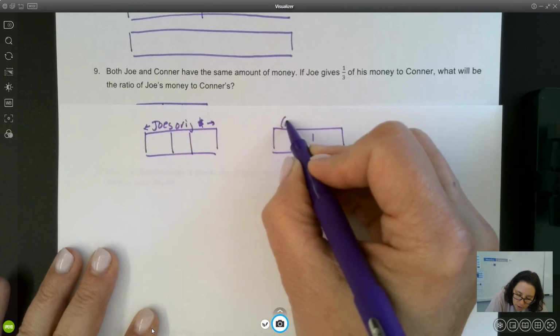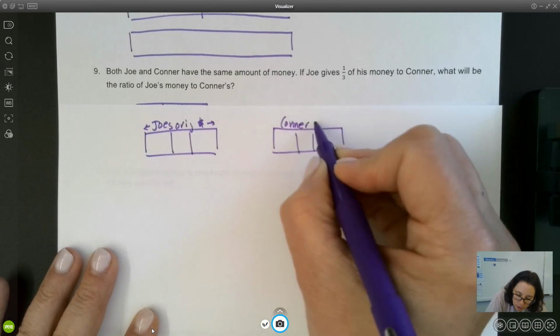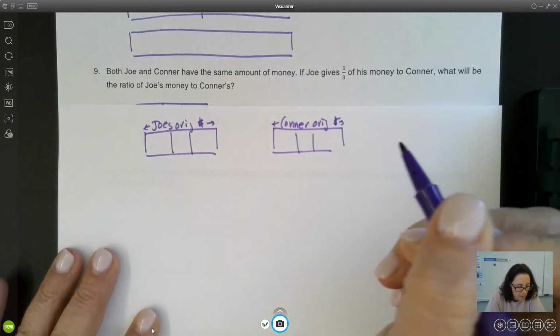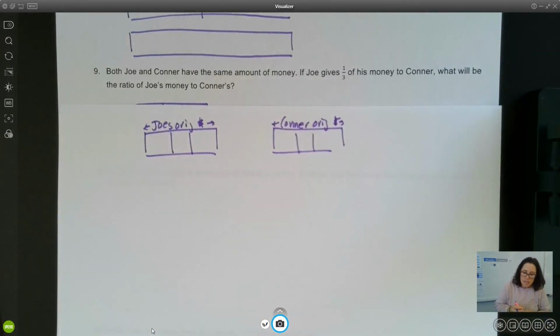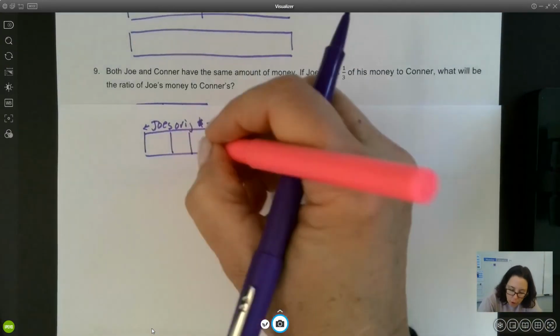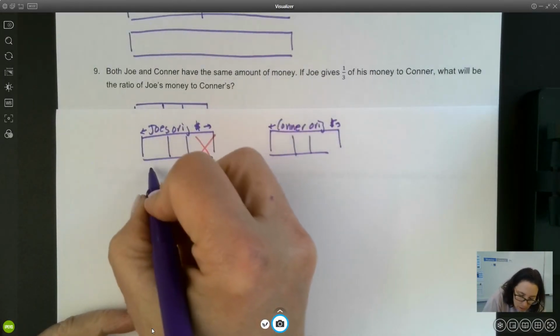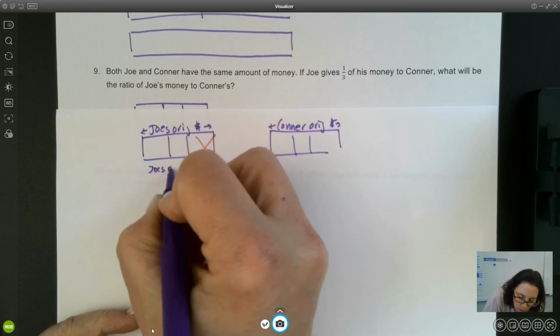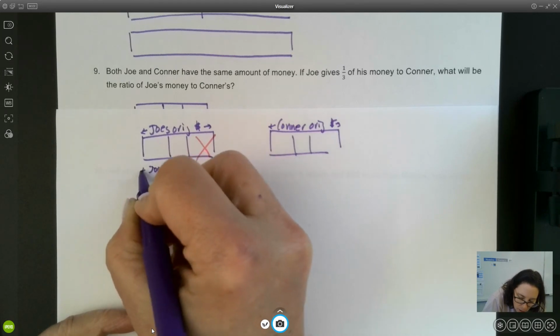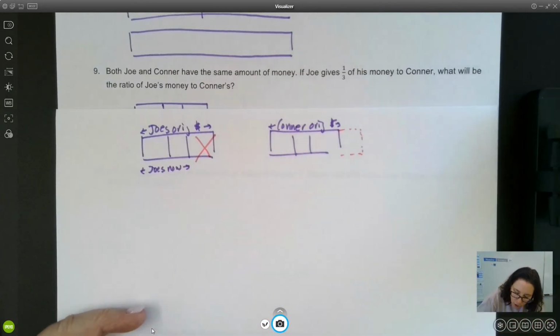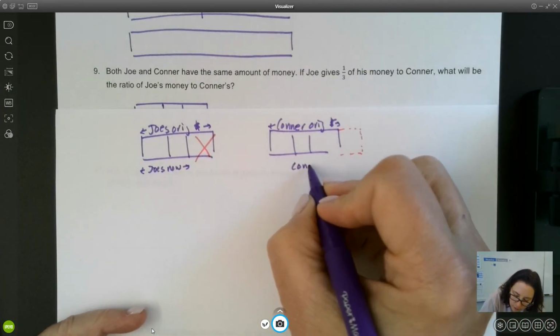This is Connor's original money right here. All right, now it says that Joe gives a third. So this is gone, and this is going to be Joe's now. And then we're going to tuck on that third for Connor, and this is Connor's now.